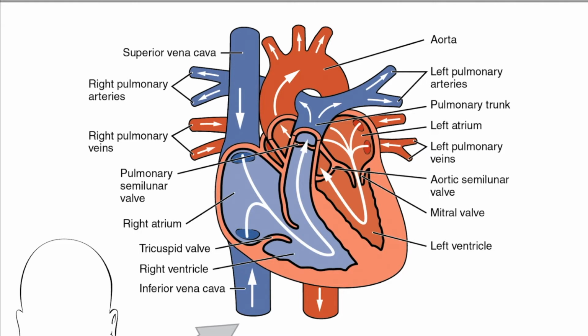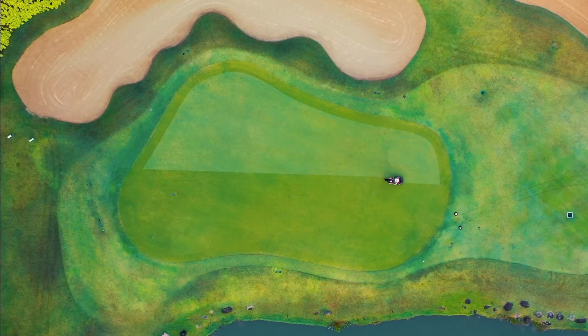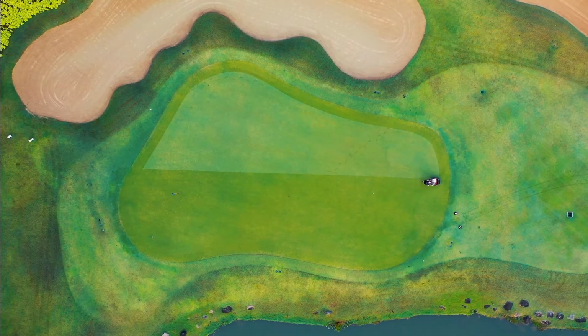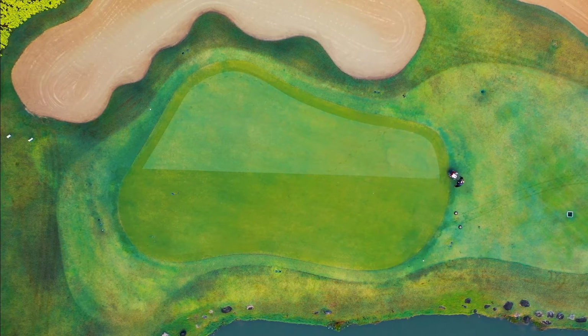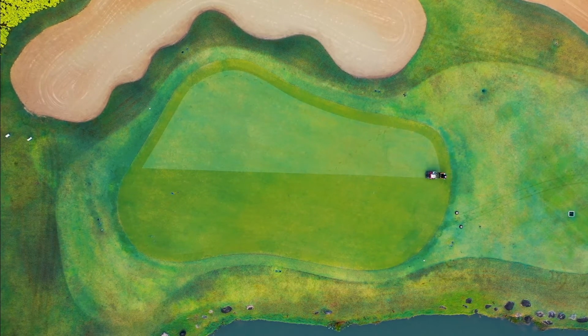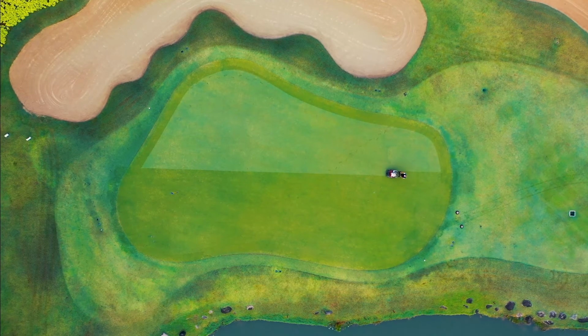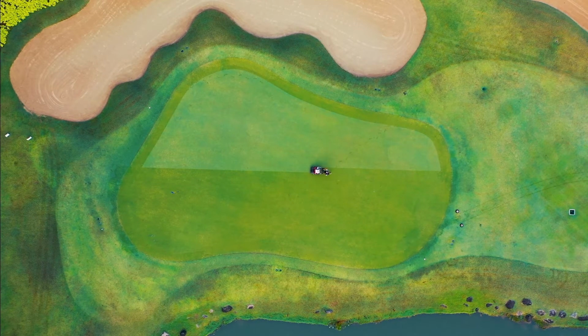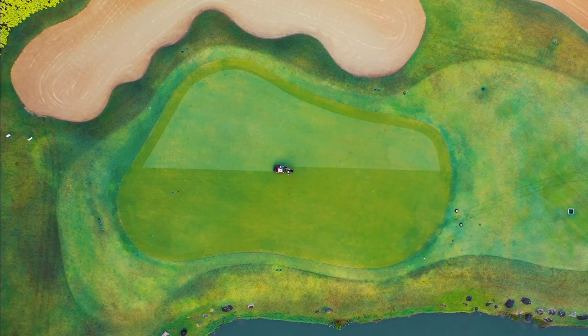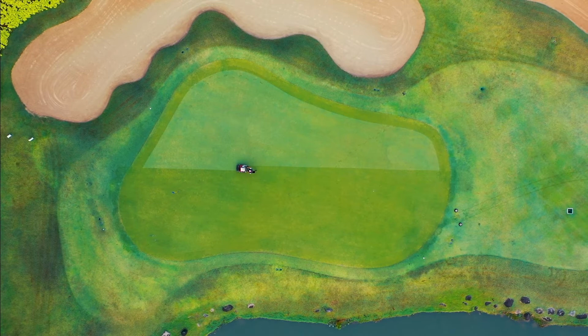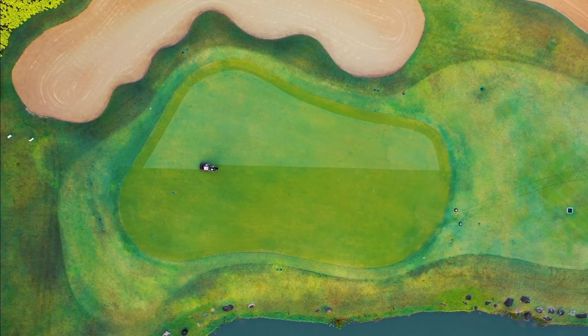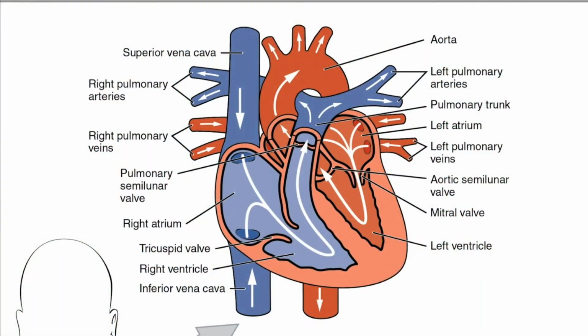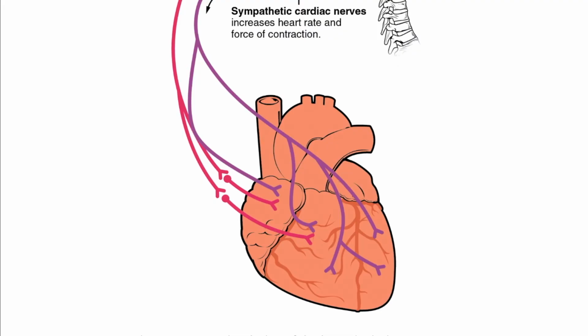Stroke volume. Many of the same factors that regulate heart rate also impact cardiac function by altering stroke volume. 3 primary factors that affect stroke volume are preload, or the stretch on the ventricles prior to contraction, contractility, or the force or strength of the contraction itself, and afterload, the force the ventricles must generate to pump blood against the resistance in the vessels.